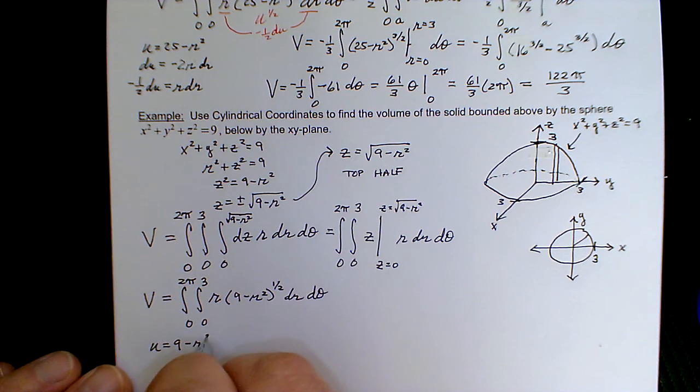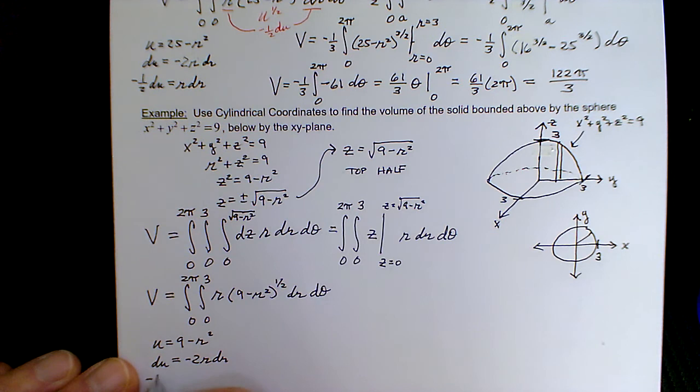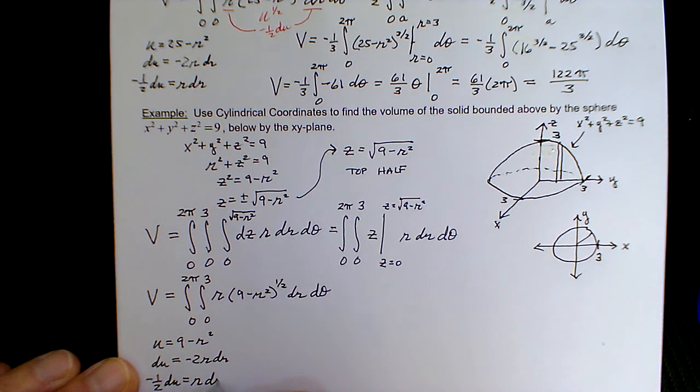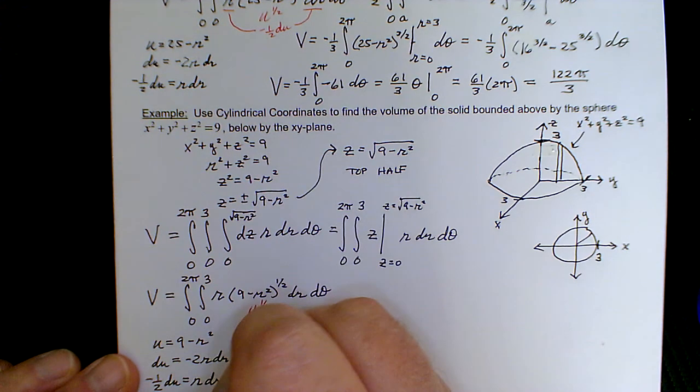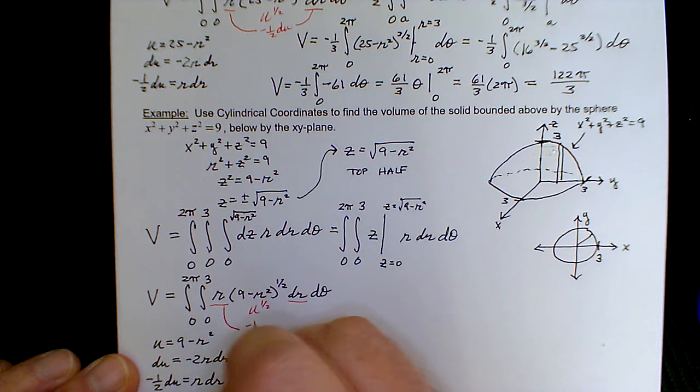So here it's 9 minus r squared. So du is negative 2r dr, so negative 1/2 du is r dr. So here's u to the 1/2, the r dr represents negative 1/2 du.